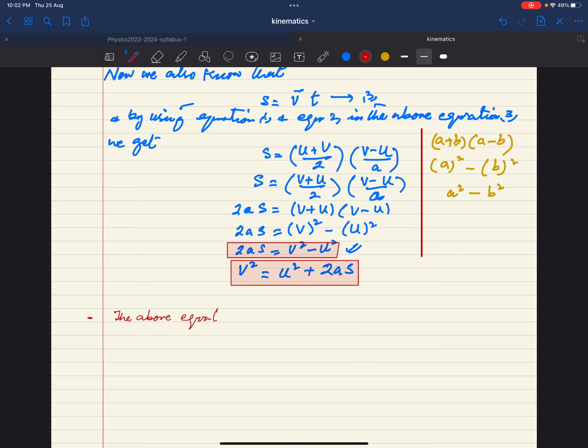Here you will see, first of all, we can mention that the above equation is termed as the third equation of motion. This is one simple thing. The second point you can mention is that here your time t is missing.